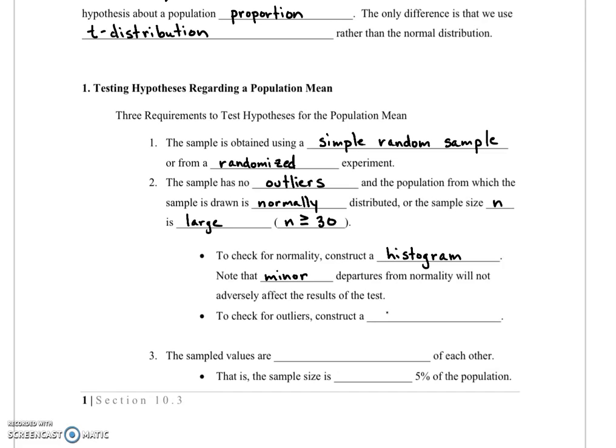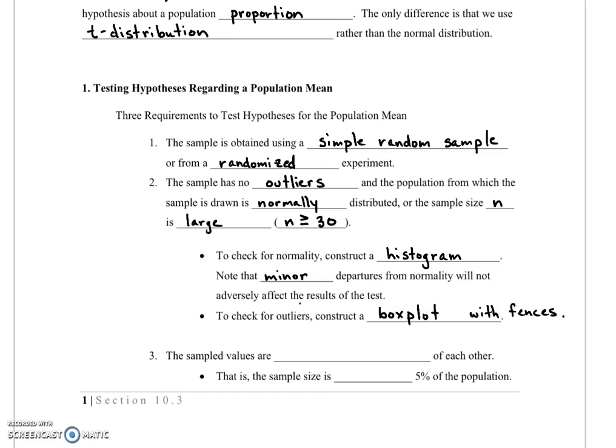And to check for outliers, we would construct a box plot, and that would be with the fences, so we know if we have outliers or not.